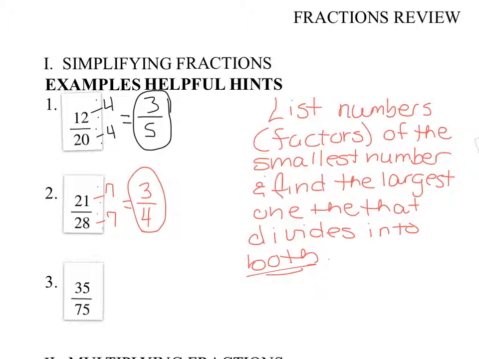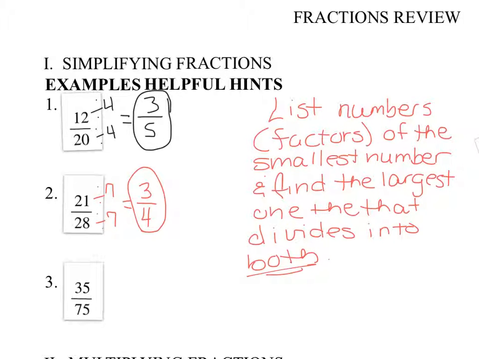Okay, so number 3, 35 and 75. Well, what numbers divide into 35? 5. Does 5 go into 75? Yes, it does. What else goes into 35? 7. Does 7 go into 75? No. What else goes into 35?